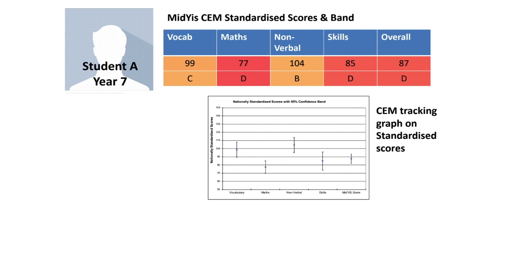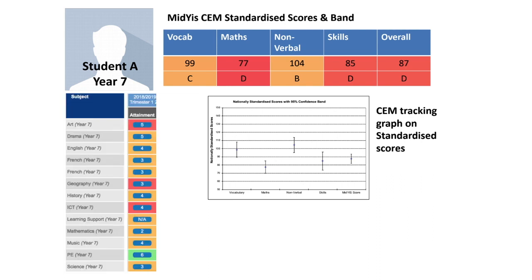Their non-verbal problem solving should, in theory, be quite good, but is their basic number work not yet good enough to allow them to access that higher order thinking? Because you can see in the non-verbal there, they're right in the middle. So there's a correlation between those two things. Now, this takes a lot of training and a lot of practice, but you get the idea, hopefully.